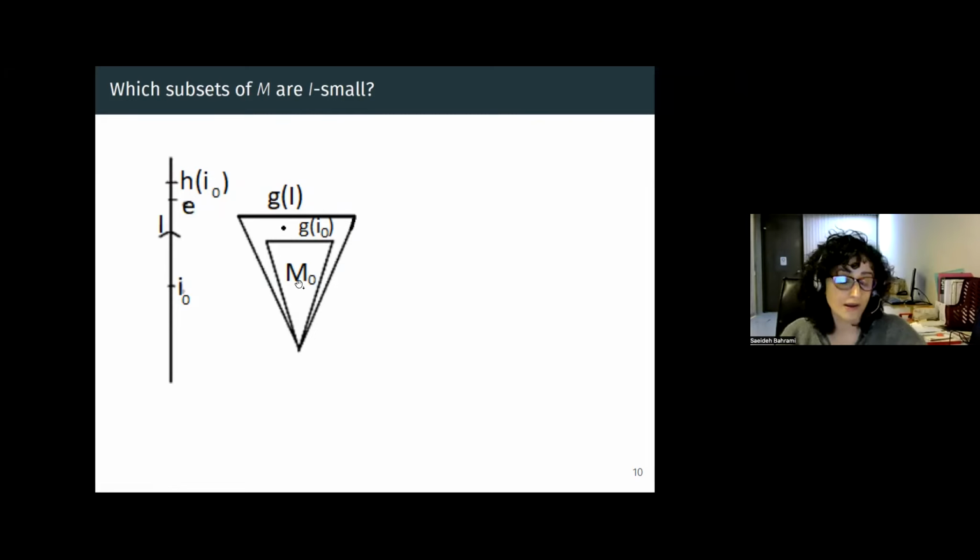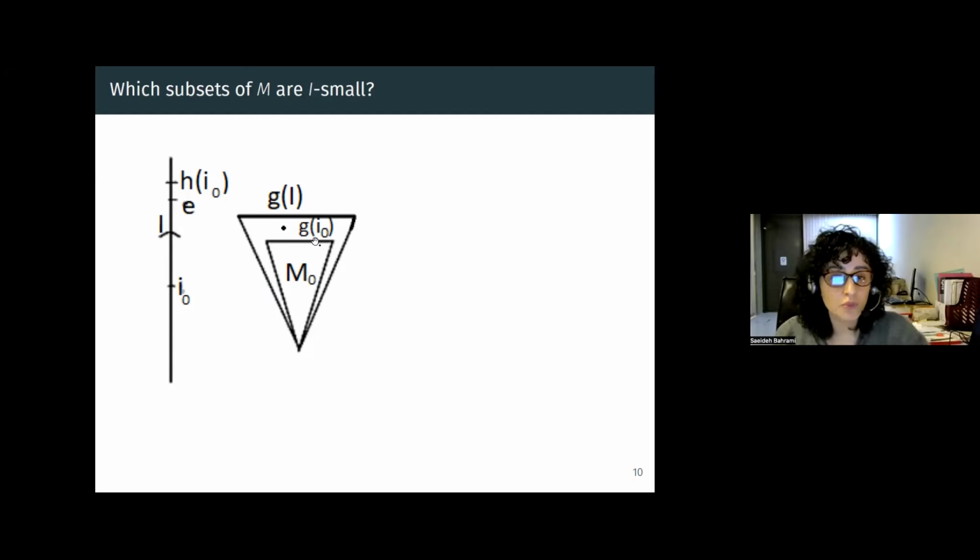I have tried to make a figure of what's going on here. This M0 is a subset of GI, and this is the cut I. But there might be some elements of GI which are not in M0.